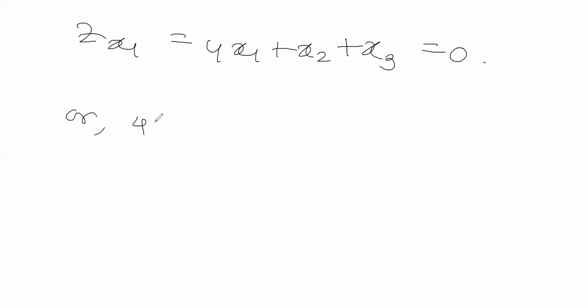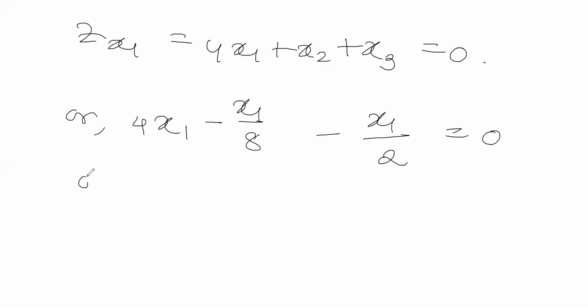Now x1 remains the same. Instead of x2 and x3, I can write negative x1 by 8 from equation 4, and from equation 5 I can write negative x1 by 2. Hopefully you have understood it.